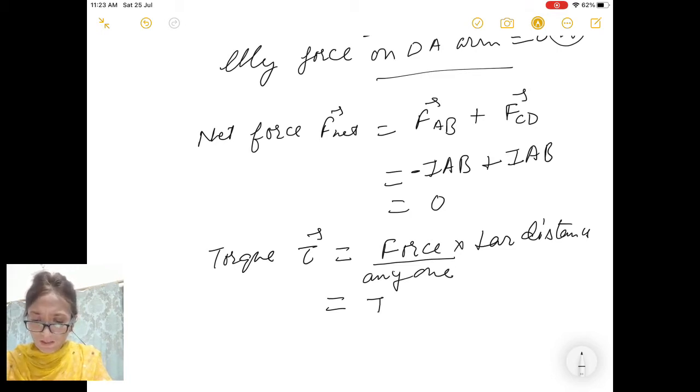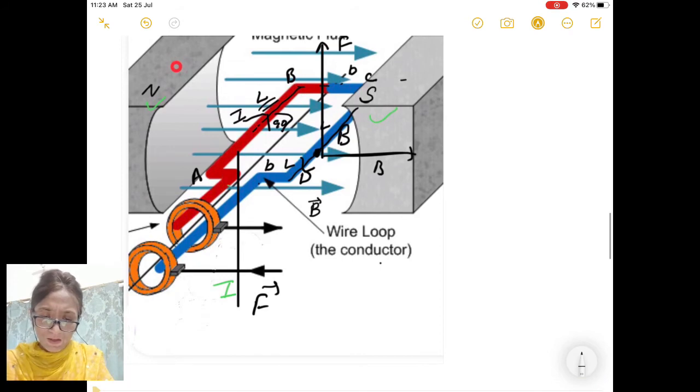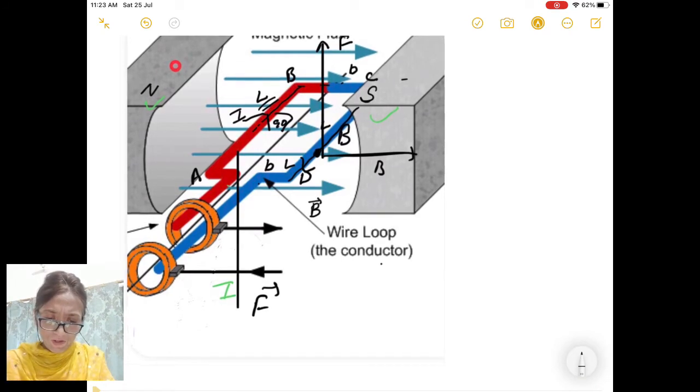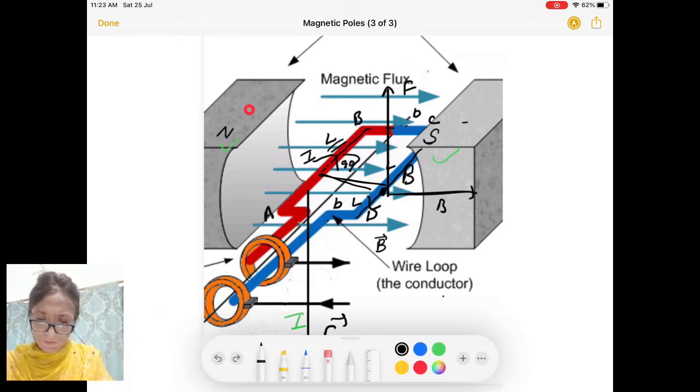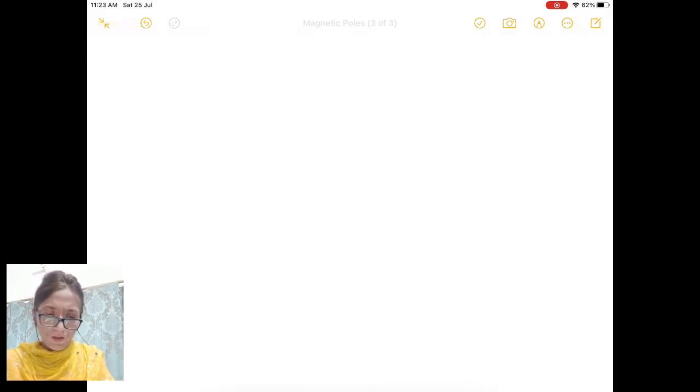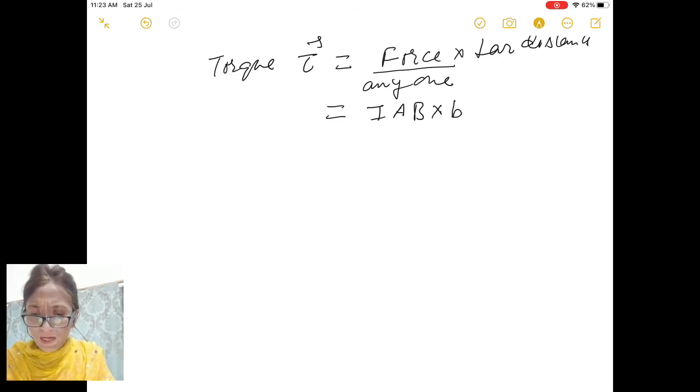And any one force is equal to IlB into the perpendicular distance between the two forces. Here you can see the perpendicular distance between the two forces is the width of this rectangular wire. This width. Okay, so I have taken the width as b.